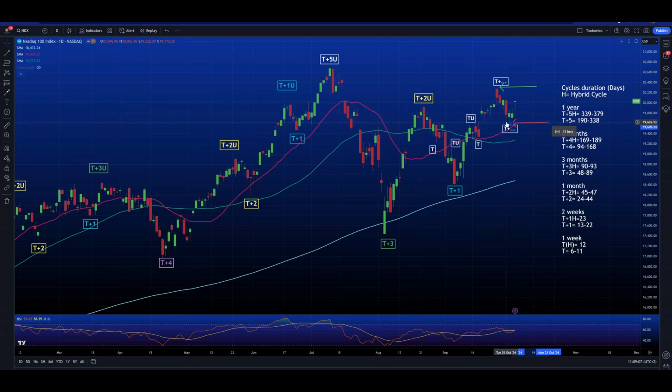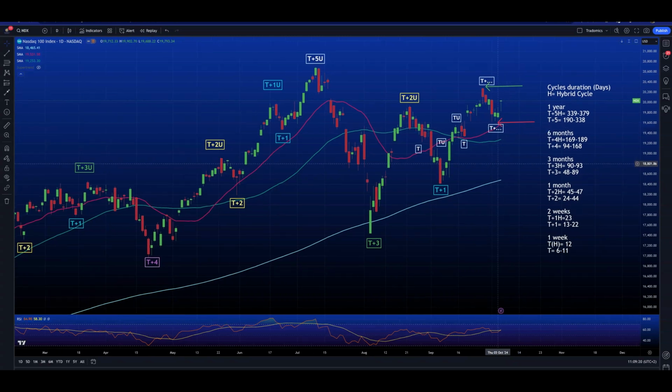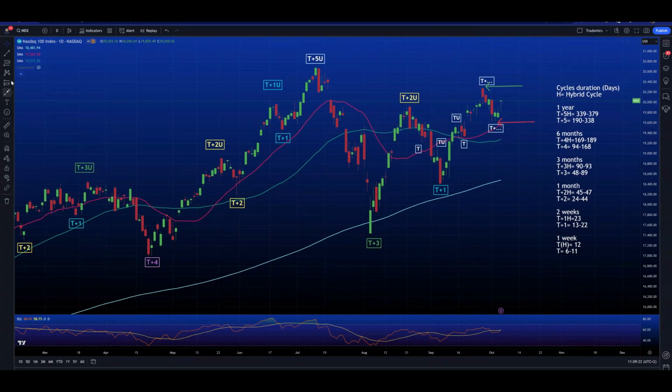So if we start going back and below this level, then we're going to have a T plus something. At the moment it is a T plus 1 that will turn into a negative one, and we can proceed to the downtrend for a minimum duration of a T plus 1.